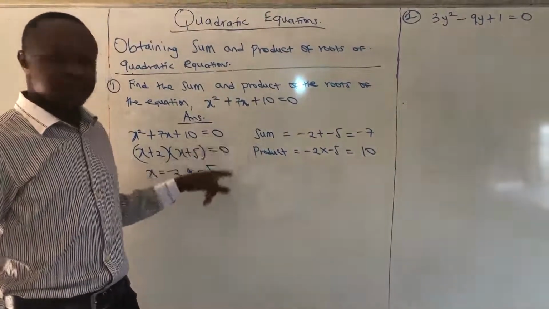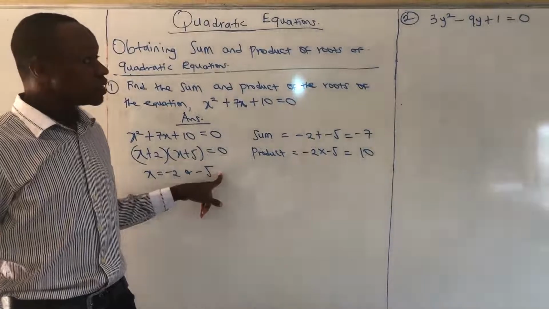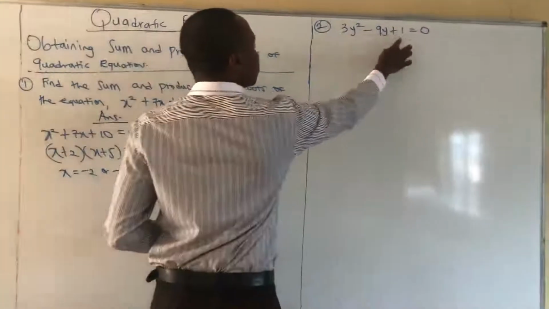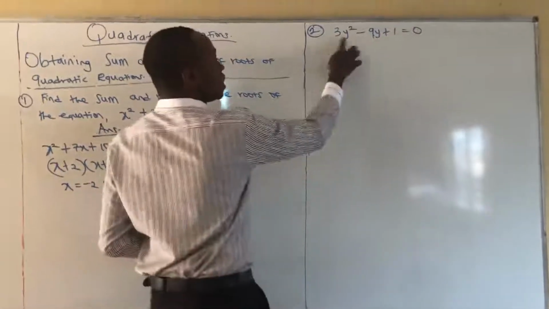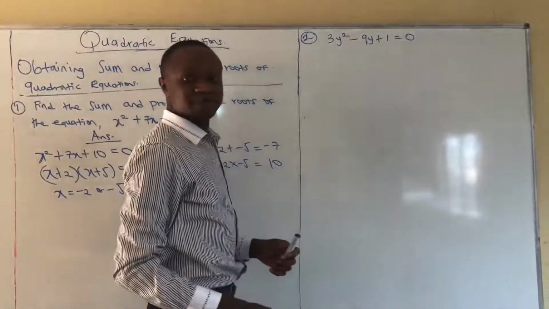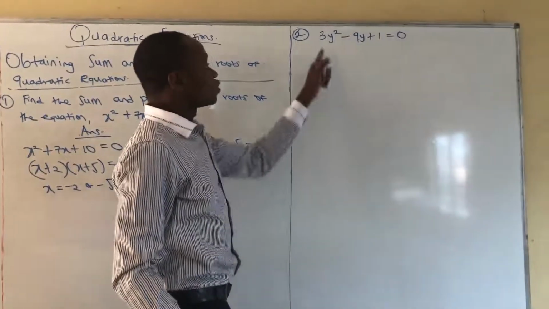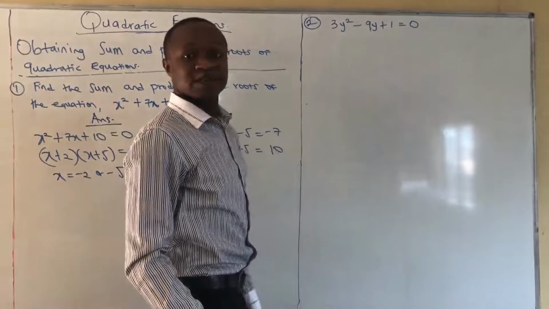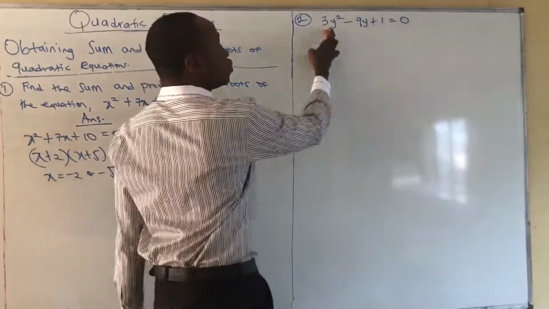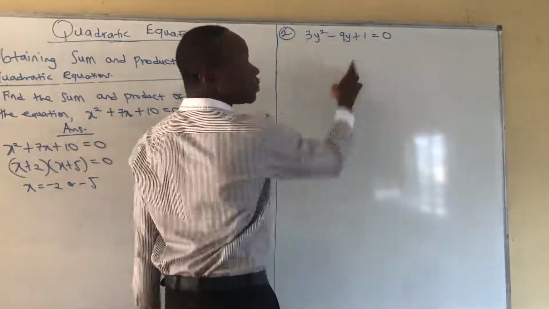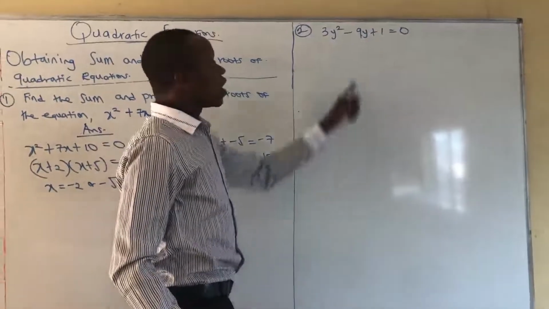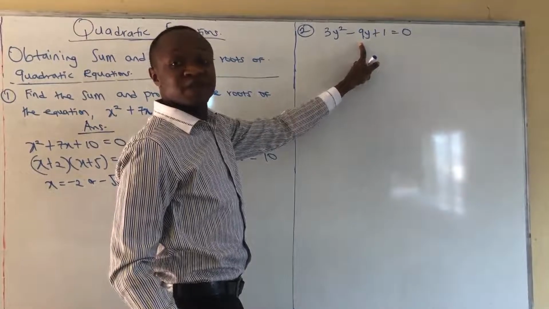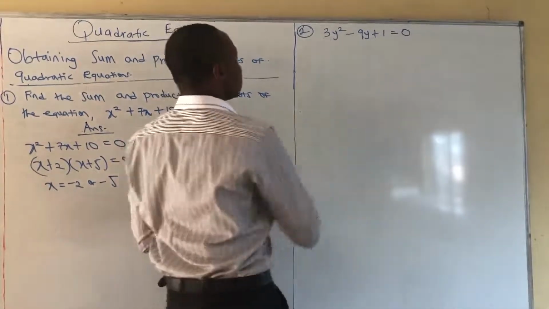To solve that question, factorization would not help us, because 3 times plus 1 is plus 3, and there are no two whole numbers such that their product will be positive 3 and their sum will be negative 9. So we leave the factorization method and we use the quadratic formula.